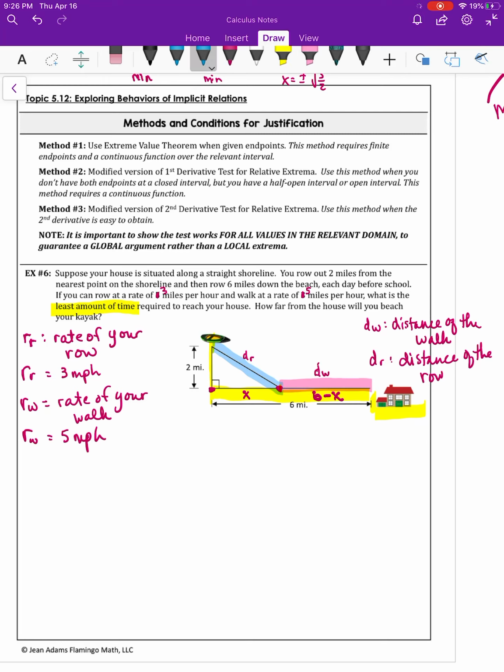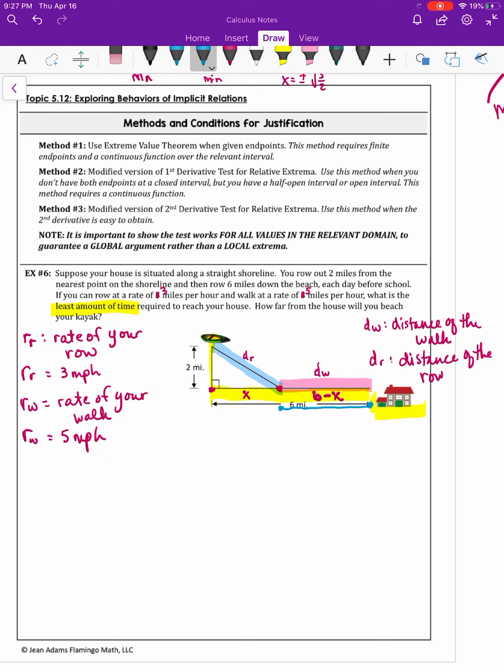That's going to be our 6 minus x, because the way we've got it situated, they're talking about the distance from the house to where we beach our kayak. Okay, so we're going to have to figure out what that 6 minus x is.